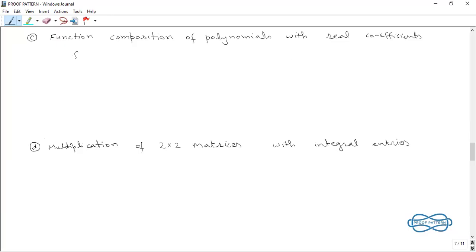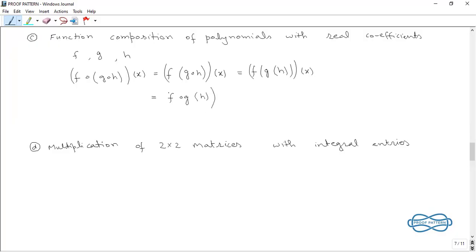If we take three functions f, g, and h, we see that (f of g) of h of x is equal to f of (g of h), or we can write in the other way that this f of g of h of x can be written as f of (g of h of x), and also we can write it as (f of g) of h of x, and that will be f of g of h of x.